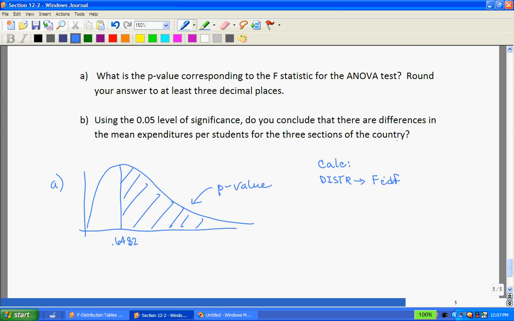And the most difficult part probably about these is remembering the argument, because it'll put FCDF parenthesis on your screen.